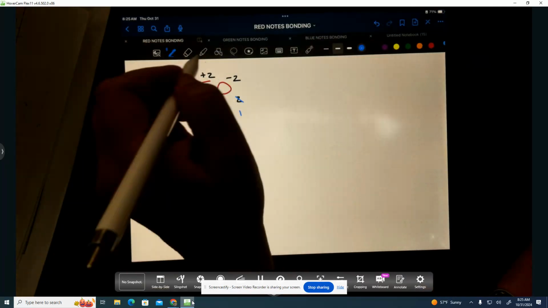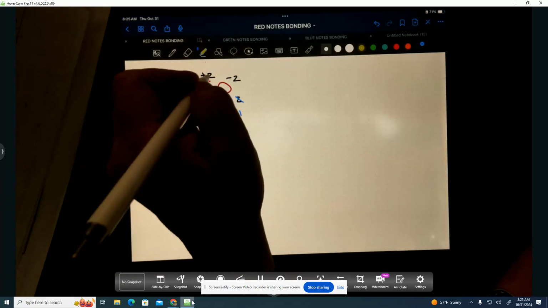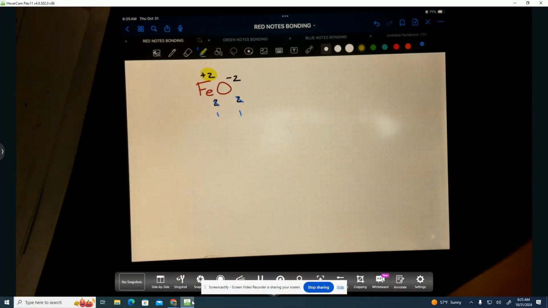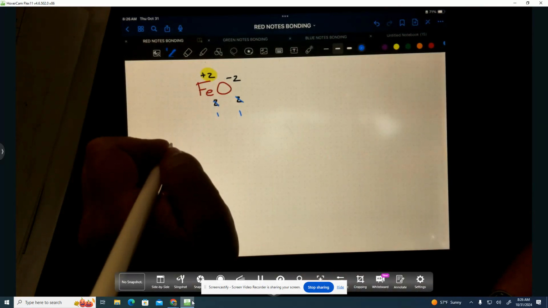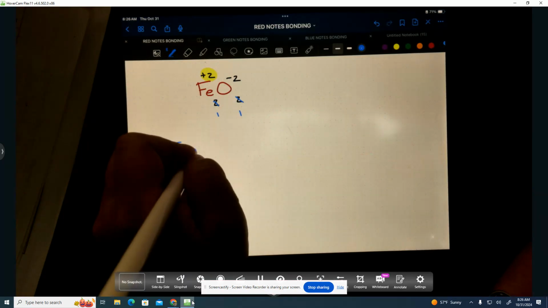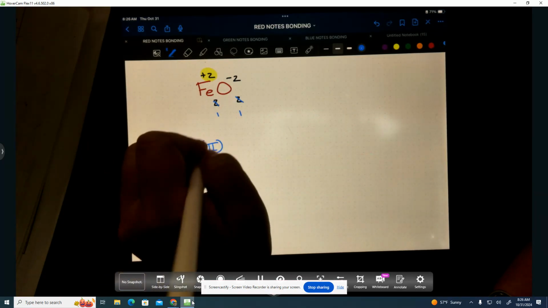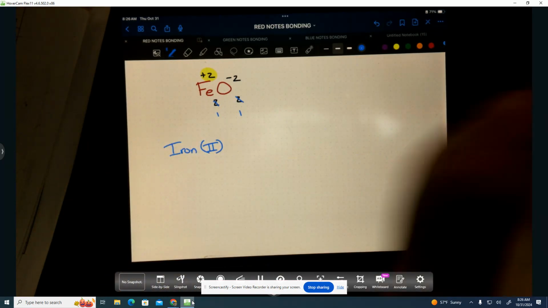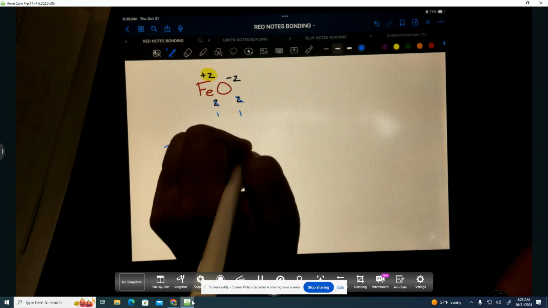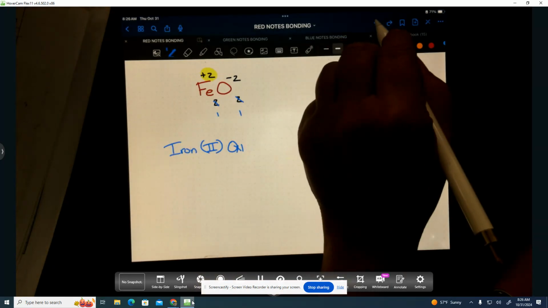Because this iron that was used to make this iron oxide was a 2, when we write the name of this compound, we are going to write iron with a Roman numeral 2 oxide. I don't know why my X is right on top of my O.